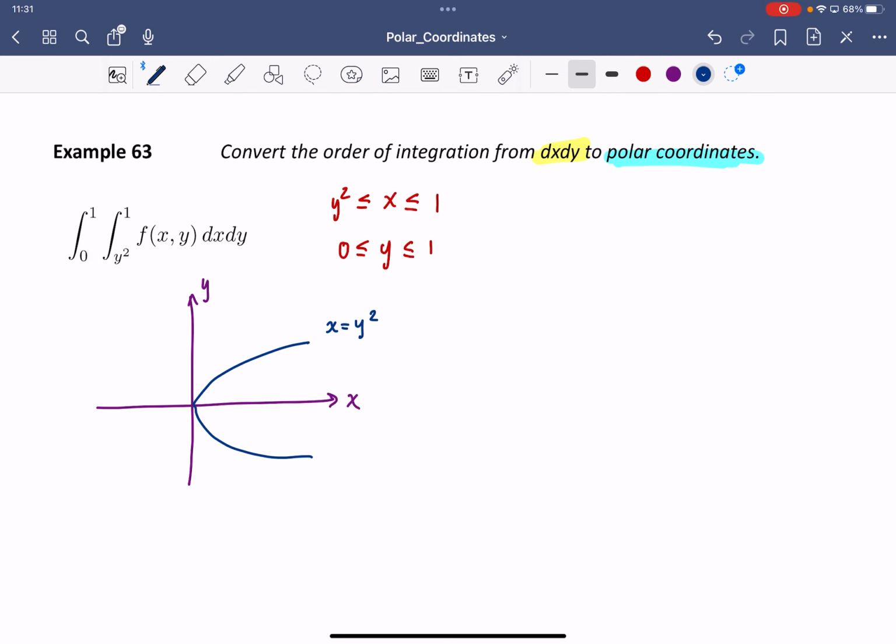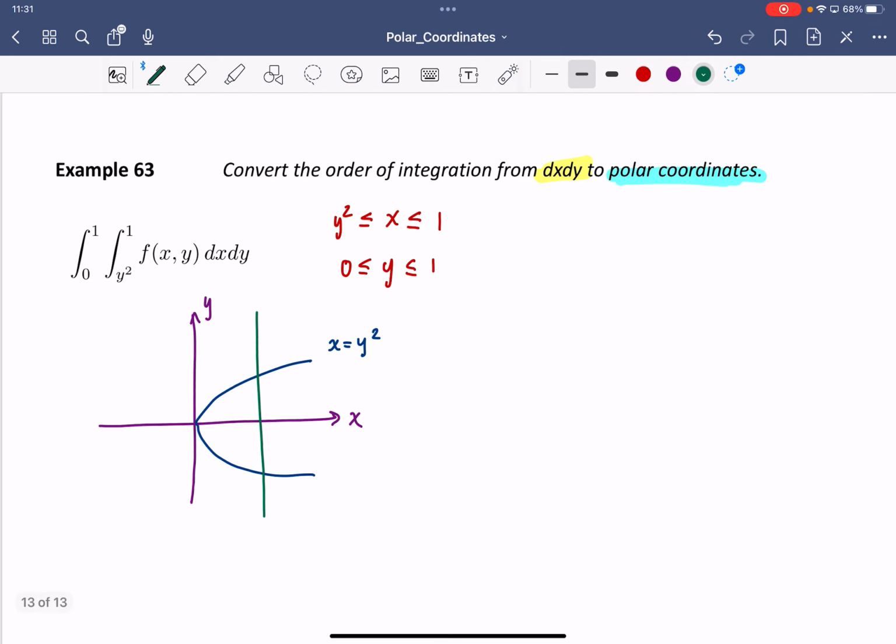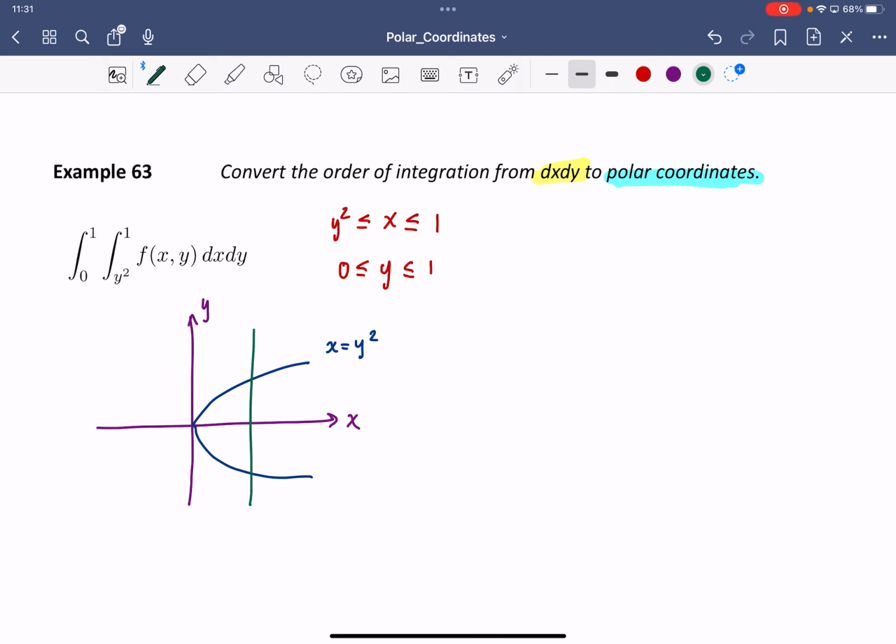And then x equal to 1. Okay. And then now, what is the region? What do you think? So when you do the dx dy here, you actually need to cut this way, right? It's gonna start from the parabola to x equal to 1, and y goes from 0 to 1.